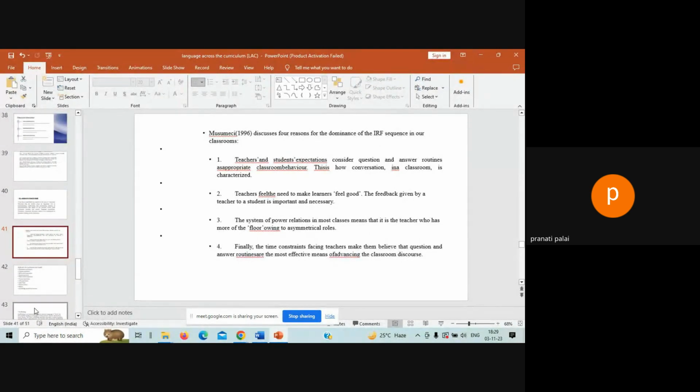But that should not be the case. The teacher must not take the initiative all the time, and this sequence should not be followed because it is monotonous. Still, the role of the teacher is very important to give instruction and to continue the session.